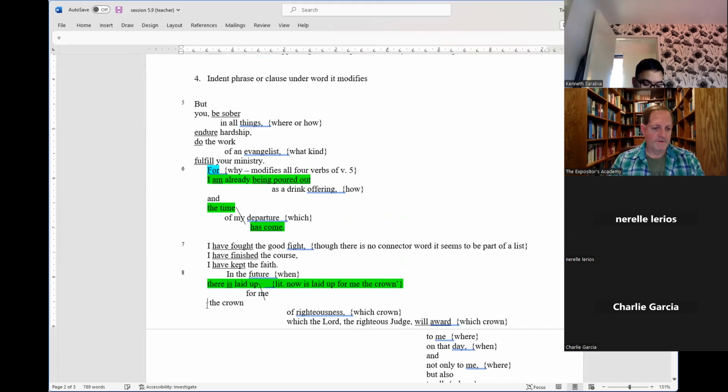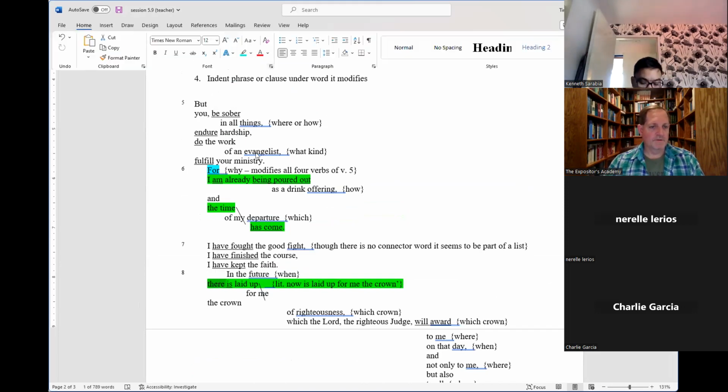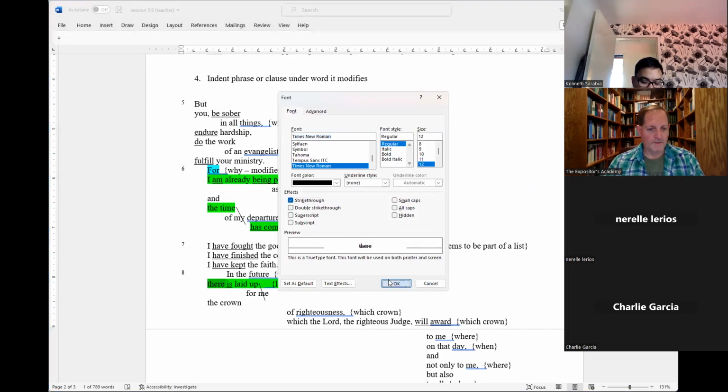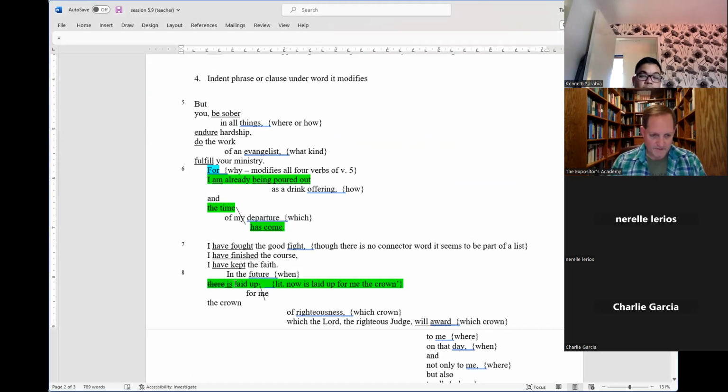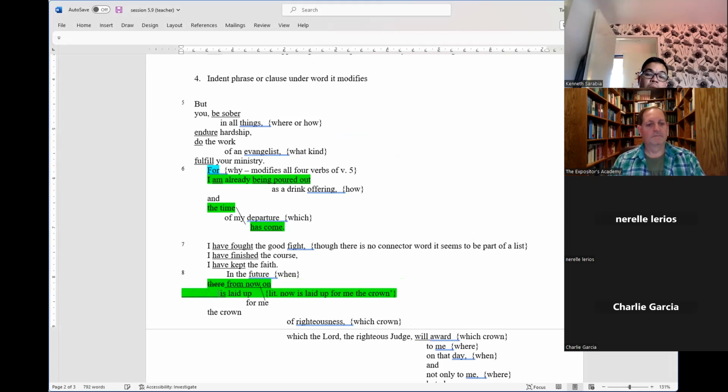The crown, and I would say "there" is not as good a translation, so I would just leave the word there, but I'm going to strike through it and just say "from now on." From now on, the crown.